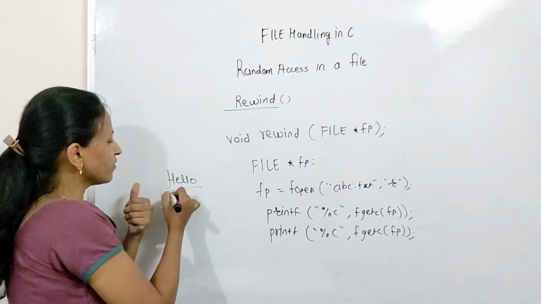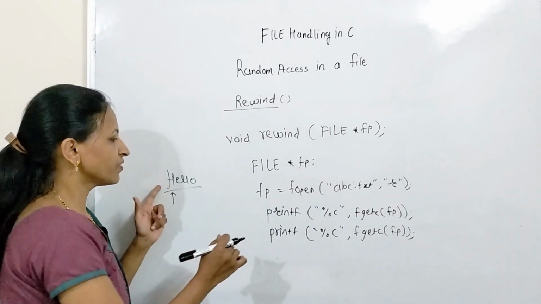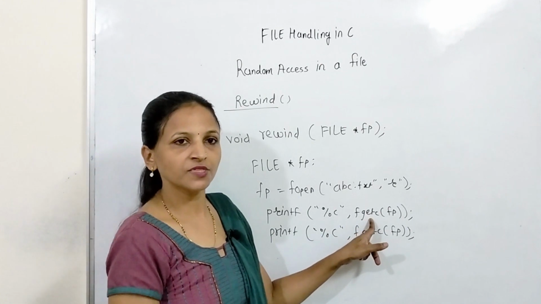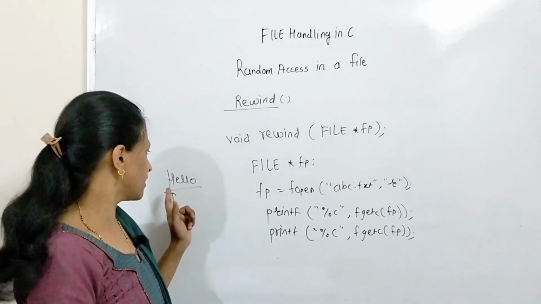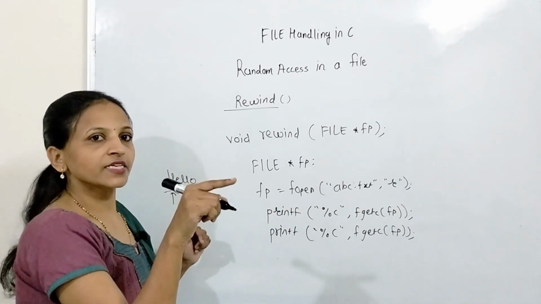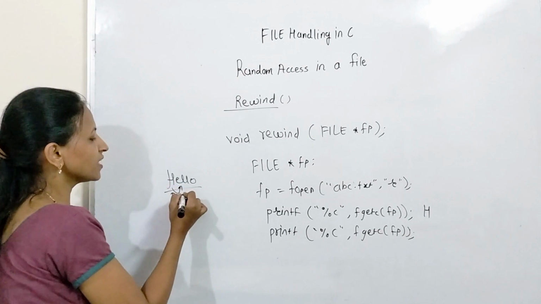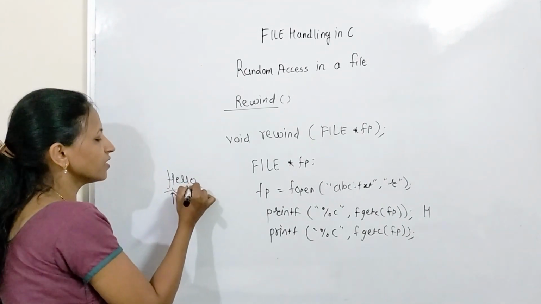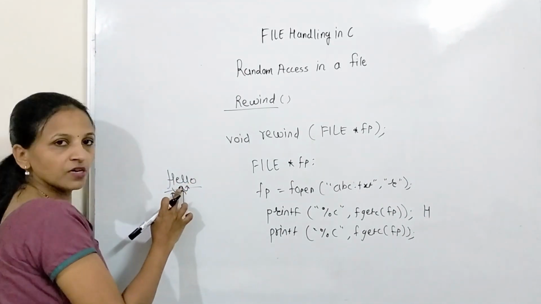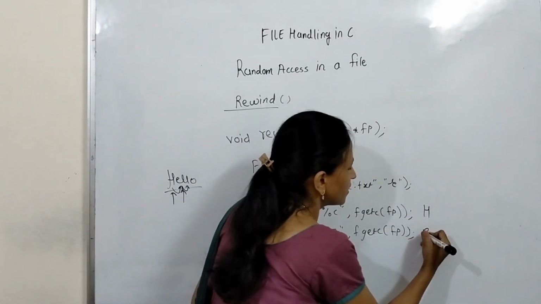Now whenever we open that file in read mode, the file pointer will be at this position. It will read that h character with the help of this fgetc function, and the position indicator will be shifted to the next character. That's why here we will get h displayed. Again we do the same thing, that e character will be read, and the file pointer will be shifted towards the next character.